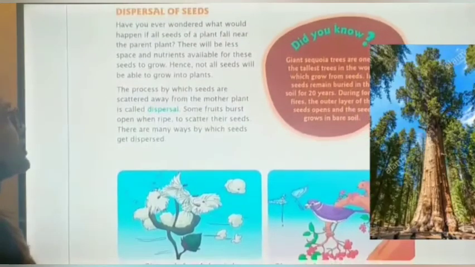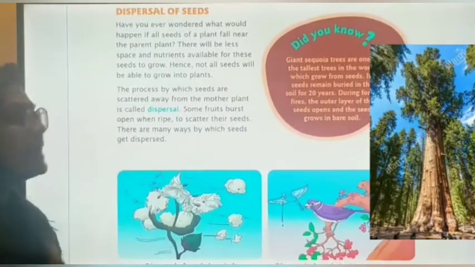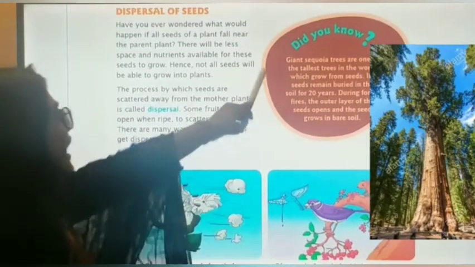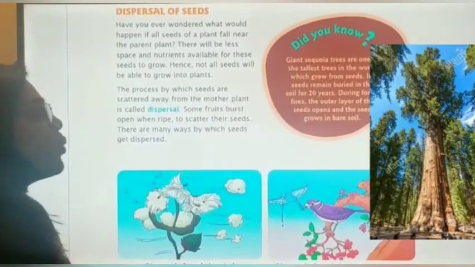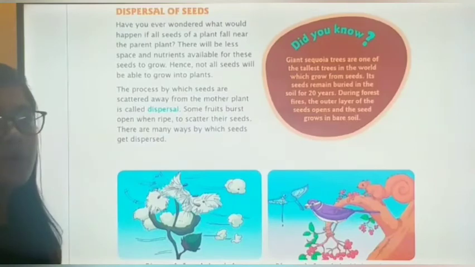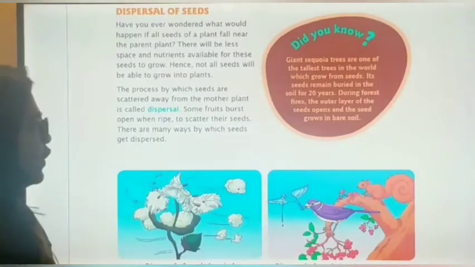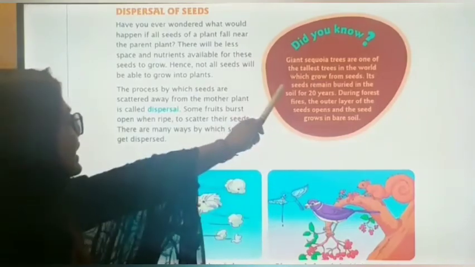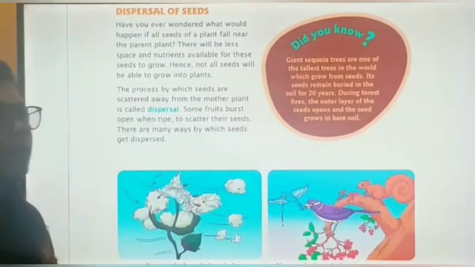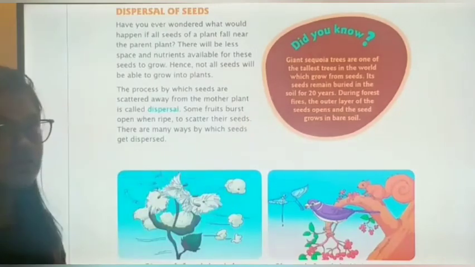Now we are going to see a fact, that is, did you know? The giant cinchona tree is one of the tallest trees in the world which grows from seeds. Its seed remains buried in the soil for 20 years.